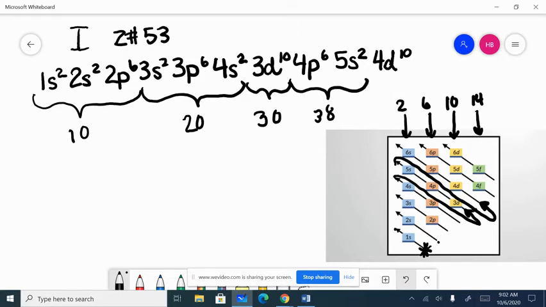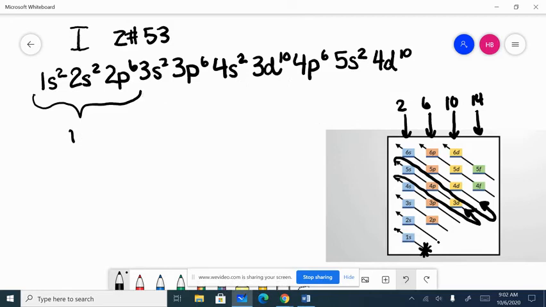So I need to get to 53, I need 5 more. So I'm going to put after 4D, I have 5p, but I'm not going to need all 6 because I only need 5 more electrons. So this is the complete electron configuration for iodine.